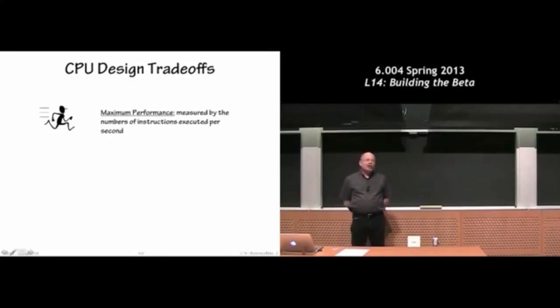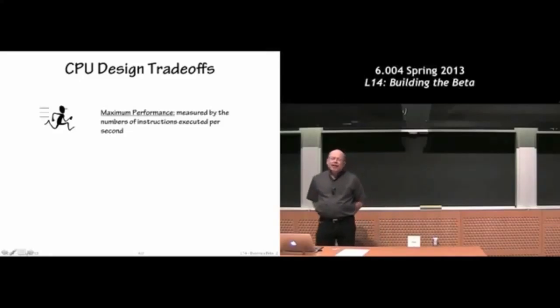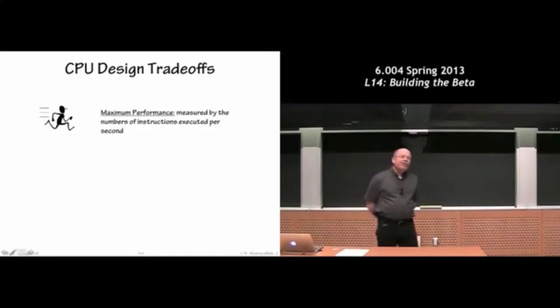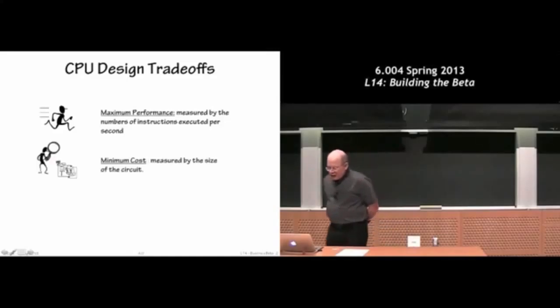And sometimes the goal is just the best performance possible. If you're into the supercomputer game, every time you can make your computer faster by a factor of 2, you're really pleased with yourself and you move up higher in the rankings and more people buy your machines.